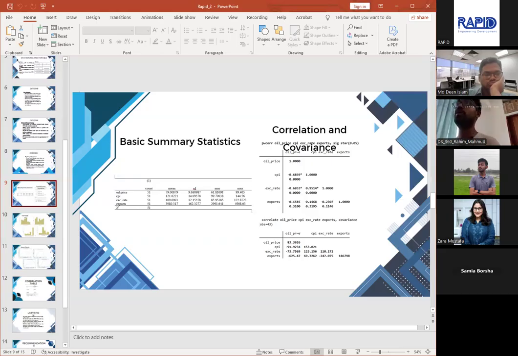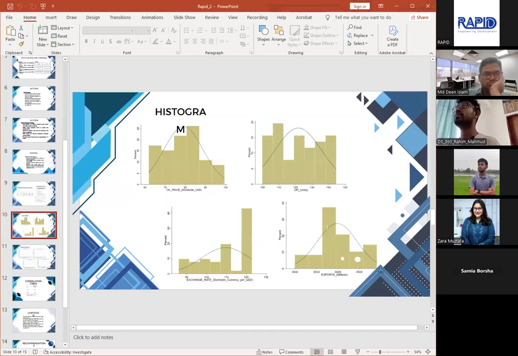If we move to the next slide, we can see the histogram of each study variable. A histogram is a graphical presentation of the frequency distribution of the data. It helps us understand how the observations are distributed across different values.